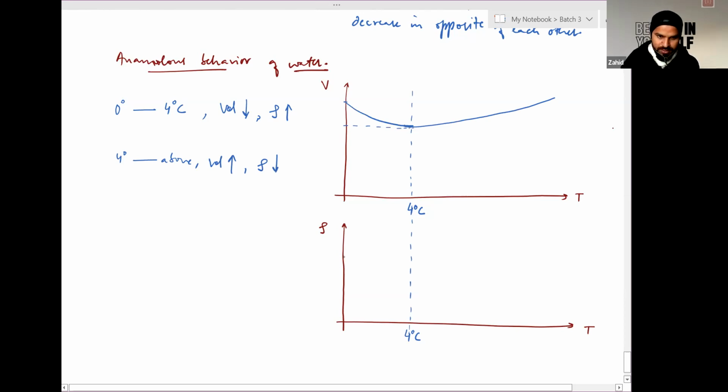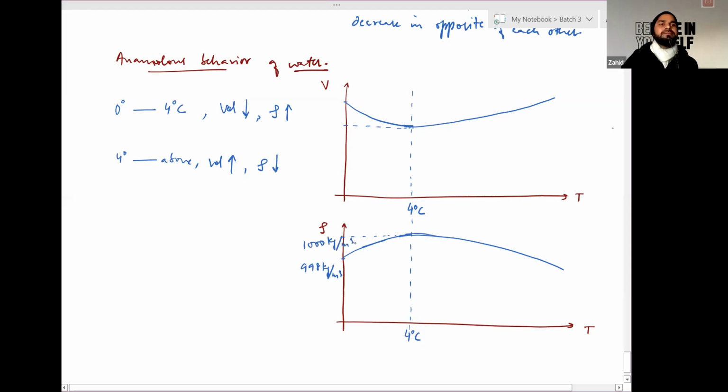Similarly, in the case of density, which is opposite of this volume, it may increase to this part and then decrease with a rise in temperature. So at 0 degrees Celsius its value would be 998 kg per meter cube, but at 4 degrees Celsius, it will be 1000 kg per meter cube.